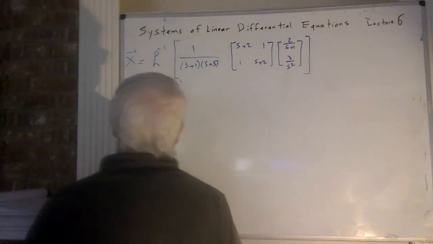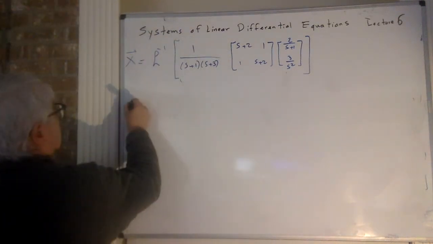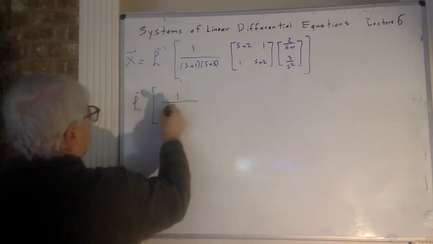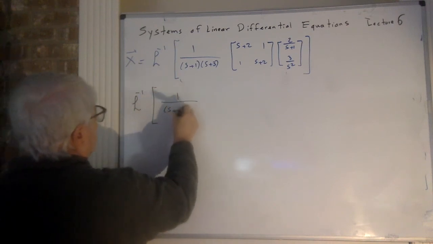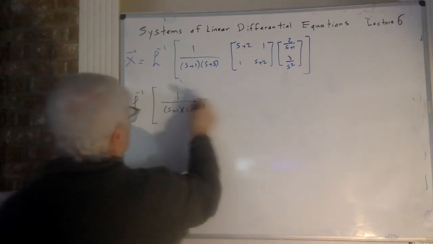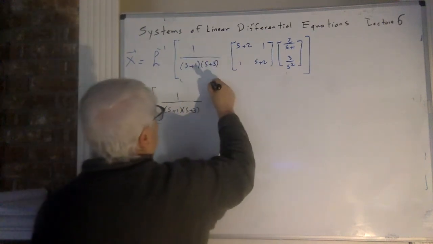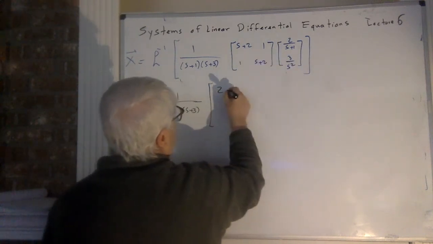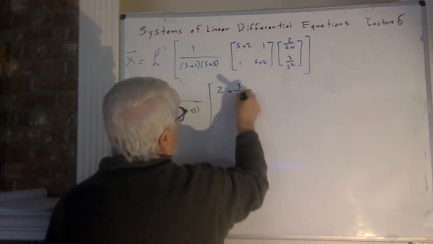So I have to find the Laplace inverse of, well, this one is just the determinant, that's s plus 1, that's s plus 3. And this one times this one is just 2, plus 3 over s squared.